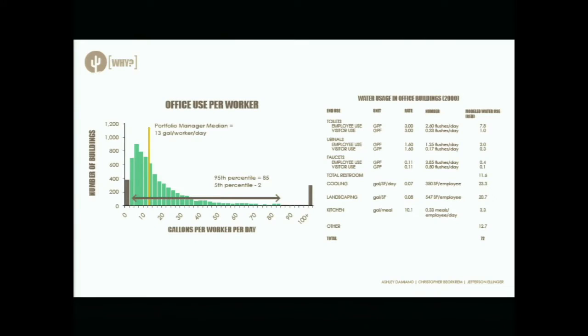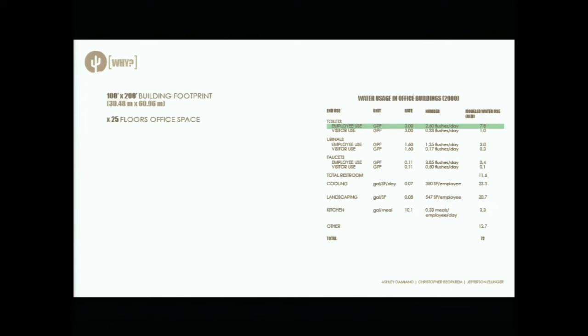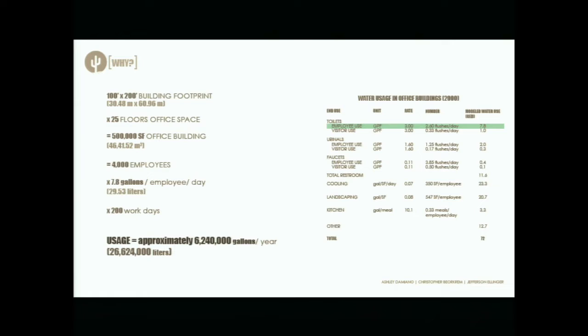So just to point out how much water we use typically, the average office employee uses about 7.8 gallons a day to flush the toilet, between 2 and 3 times a day. If we start adding that up in an office building that has around 4,000 employees, that adds up to over 6 million gallons of water used a year just to flush toilets.